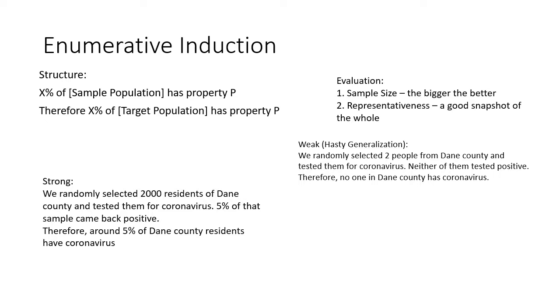In that case, 0% of the sample population has the property P, and then the conclusion would be that 0% of the target population, everyone in Dane County, has that property. So this is weak because the sample size is too small. You need a much bigger sample size to run these kinds of generalizations.